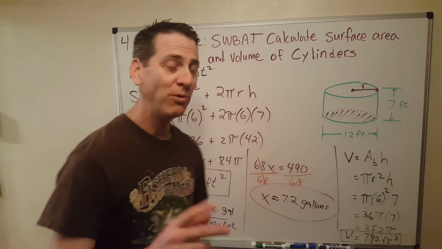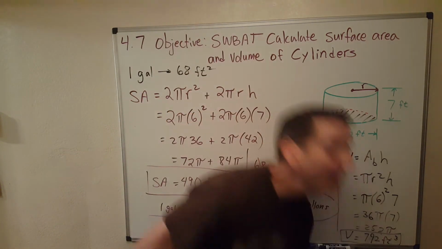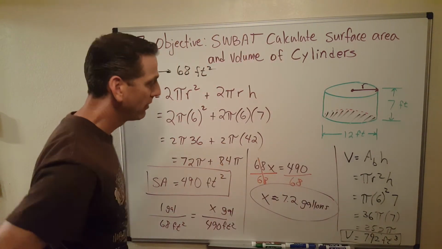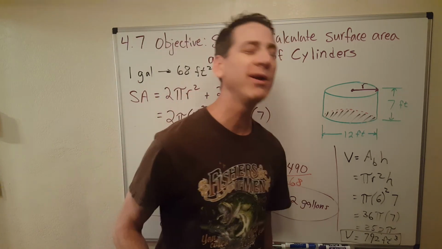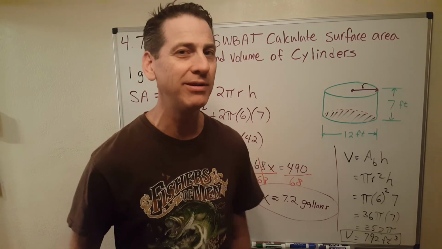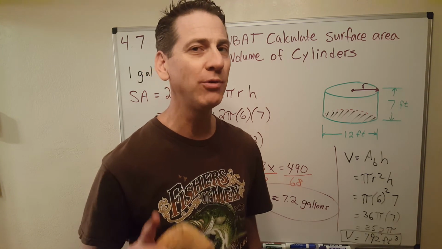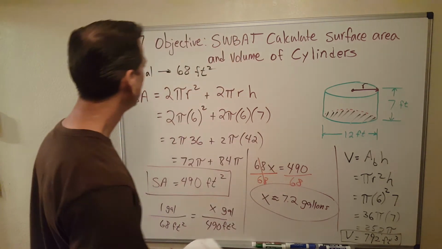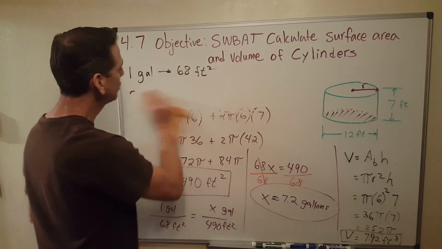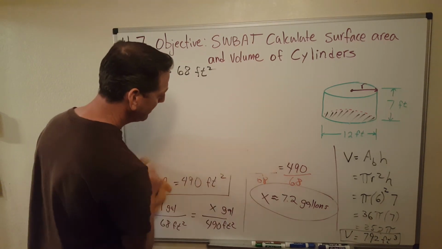All right, we're almost done. This is a very comprehensive problem. All right, so you probably don't know how big 792 cubic feet is, but I bet you it'd make more sense if it was in gallons. So let's go ahead and turn that into gallons.